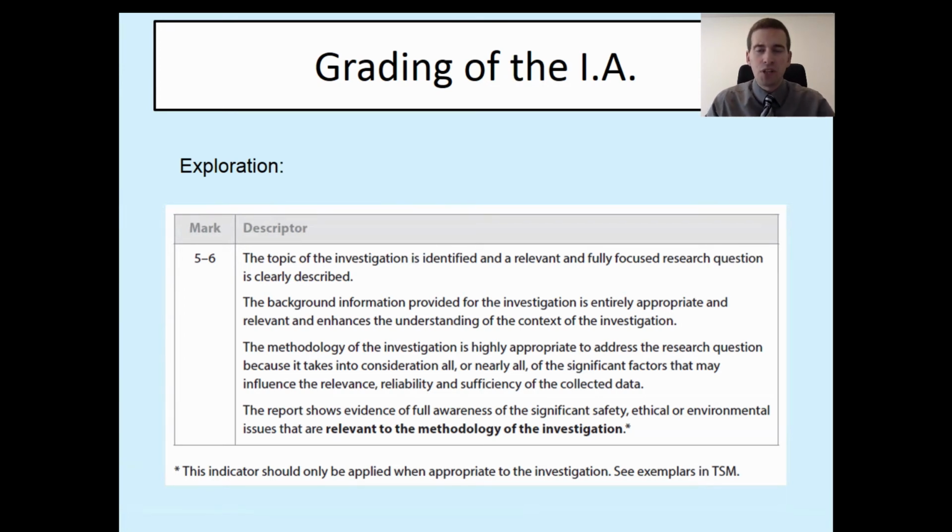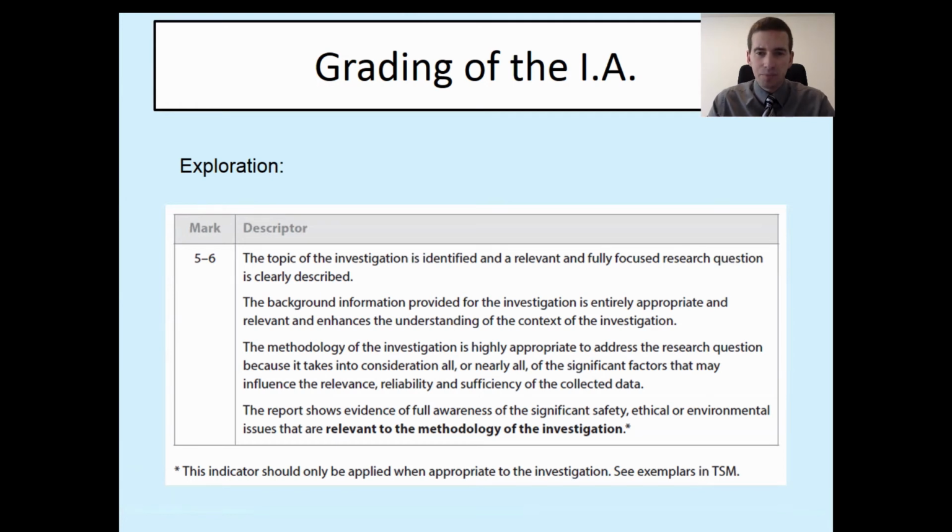Now, a couple of slides ago, I went through the different sections I would expect you to include in your report. And I included a section on variables. Now, you don't technically have to identify those variables like I've suggested, but I really think you should, because it helps you think about how to develop your method.